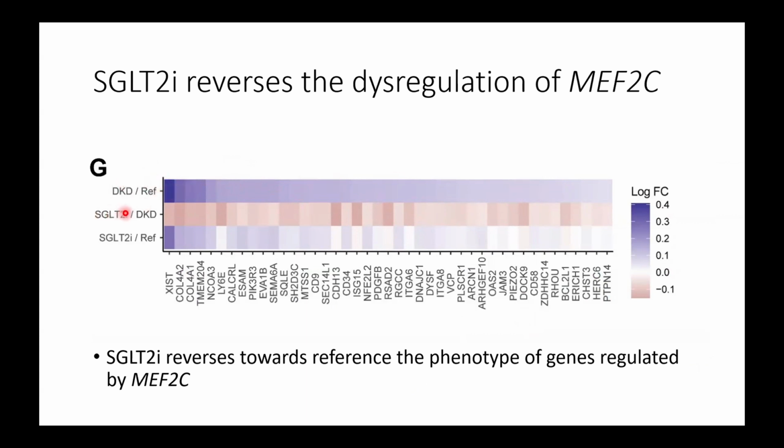We see increased expression of that network in most cases. On SGLT2 inhibitor, when compared to DKD, there's a decrease of the expression. So in DKD patients treated with SGLT2 inhibitor, the direction of effect of the expression returns toward the phenotype that we identified before.